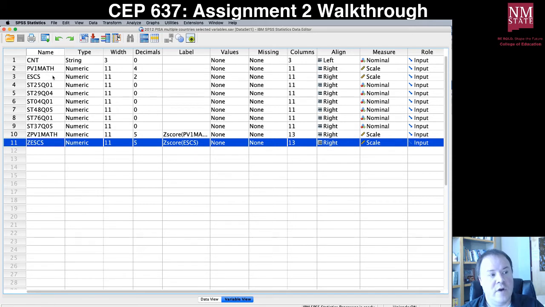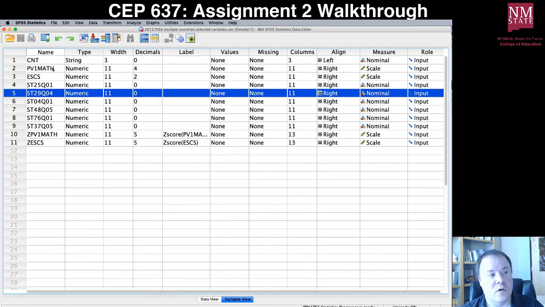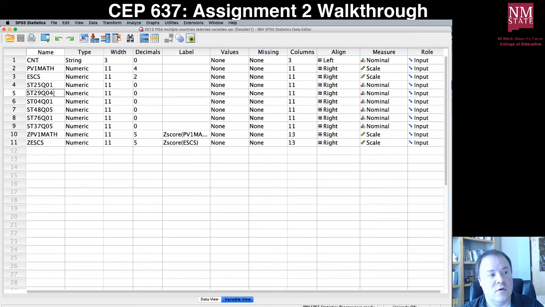All right, but the variables we will be using this time around are PV1 math and ST29Q04. And I'm actually going to put, in the label category here, I'm going to type enjoy math so that I don't forget that that's what that means.